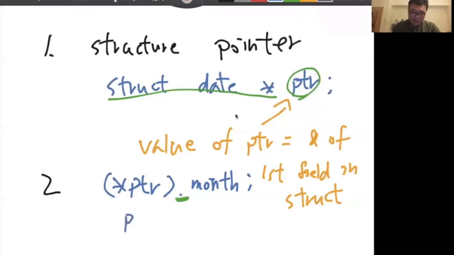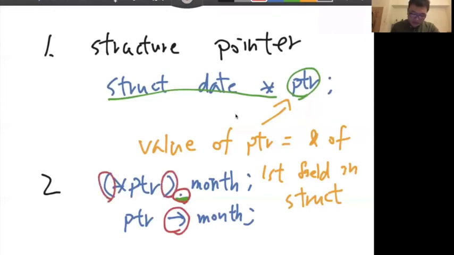Or you can use PTR arrow month to get the same data. You can imagine that this arrow equals the star plus the parentheses plus this dot. It reduces your effort and makes it easier. You don't need to worry about a parenthesis here and a parenthesis there.